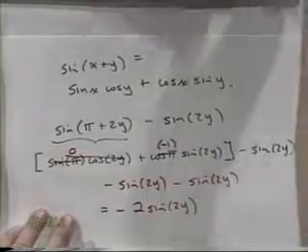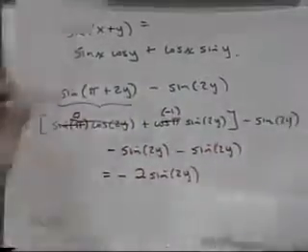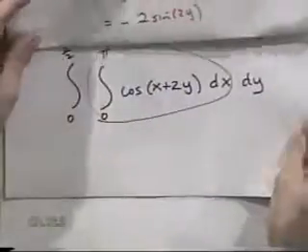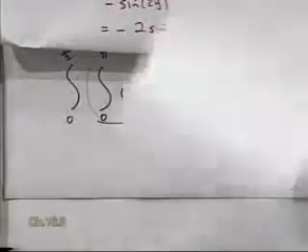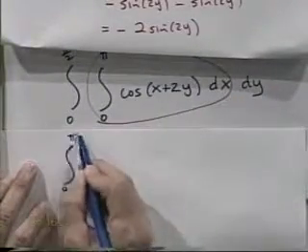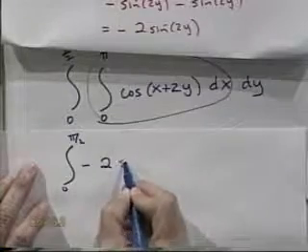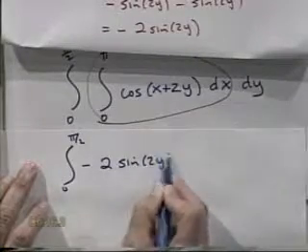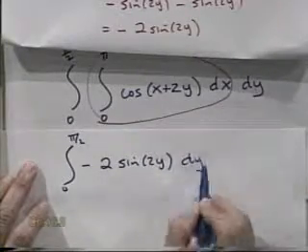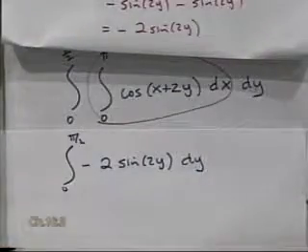So now we go back here, and we take this answer, and we plug that into our inner integral. So we have the integral from 0 to pi over 2 of minus 2 sine of 2y dy. Okay?